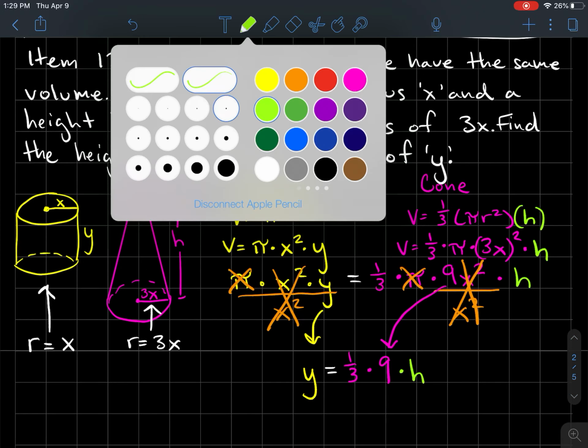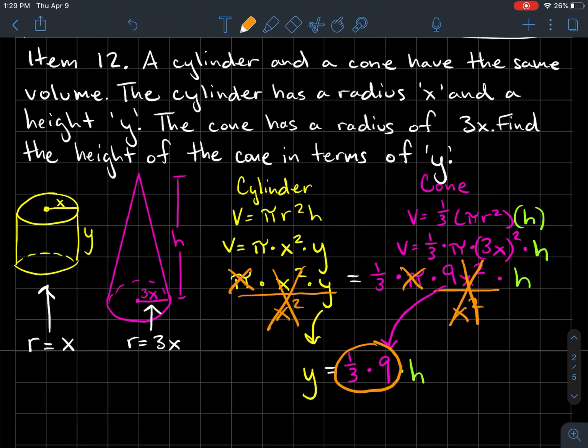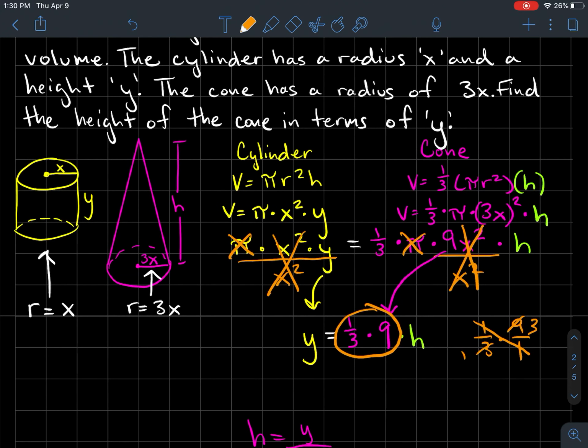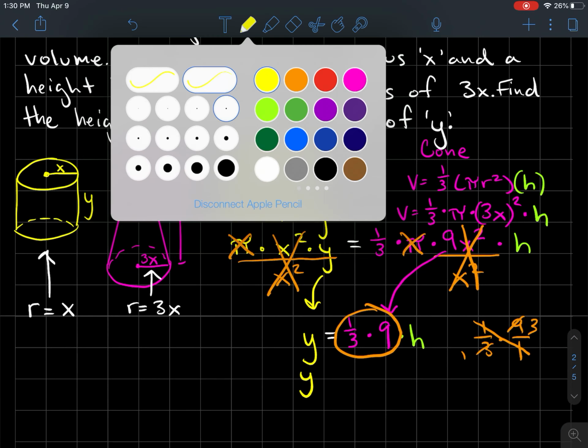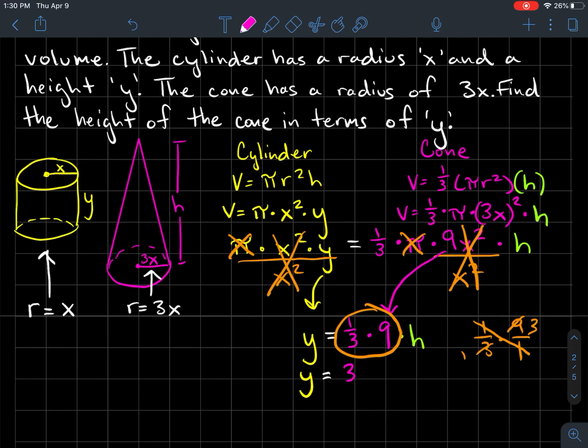So let's simplify this section. What is 1/3 of 9? In other words, 1/3 times 9 over 1. If we cross cancel, we're left with just 3. So we actually have y equals 3h.